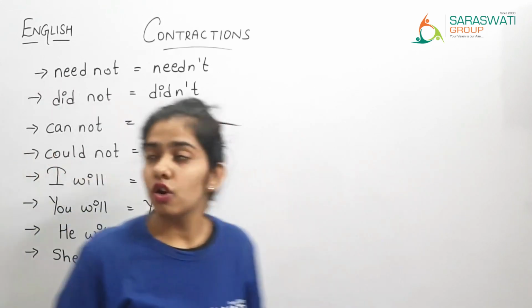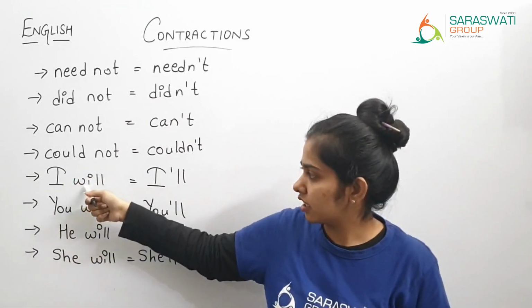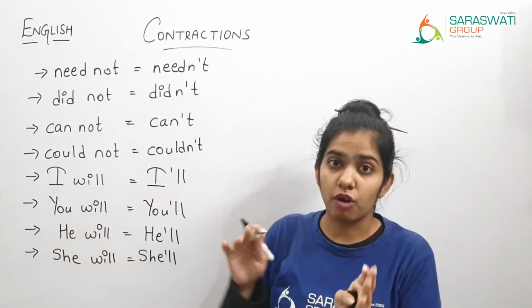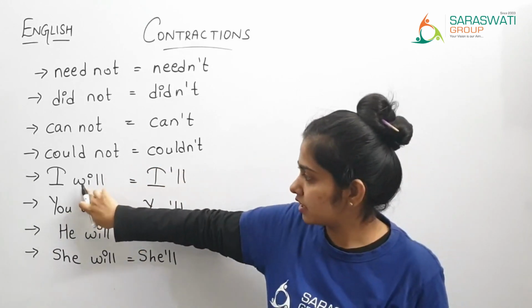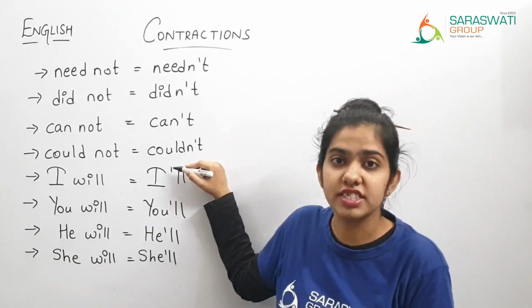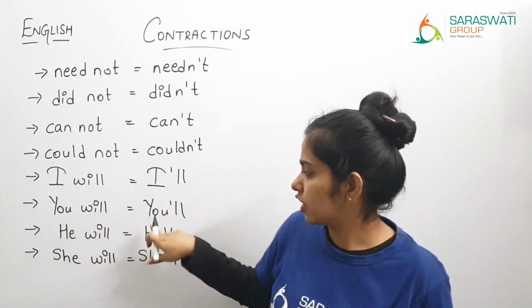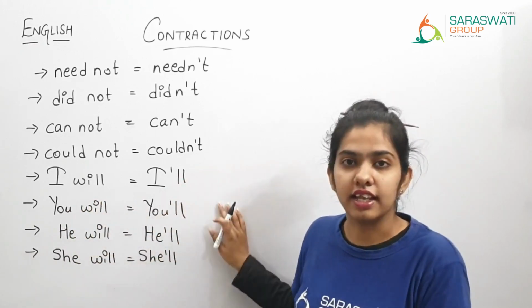Right? So whenever there is a will with another word, then W and I will be dropped, and instead of that you are supposed to use an apostrophe sign. I, then L. You will, you apostrophe L.